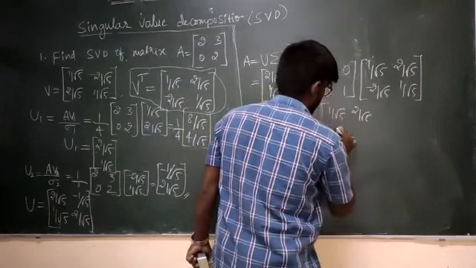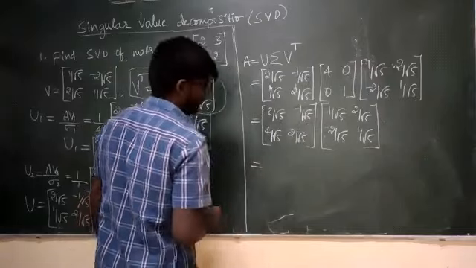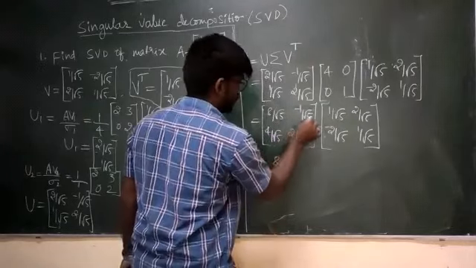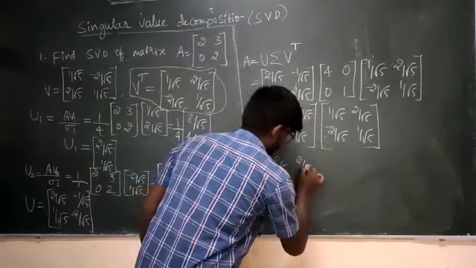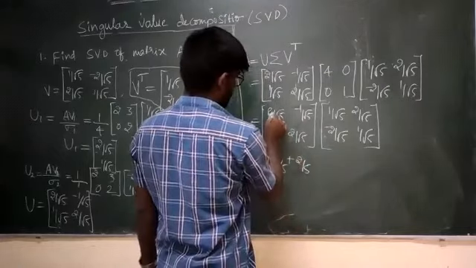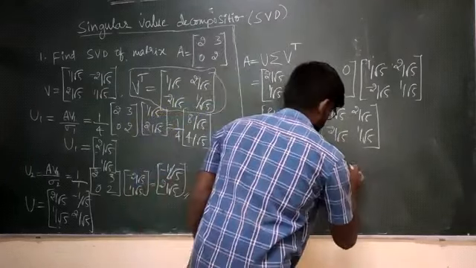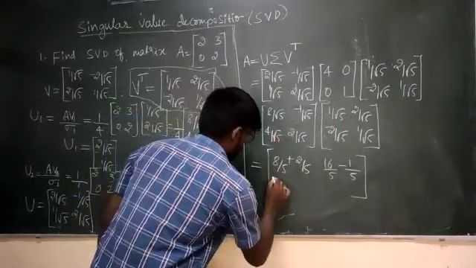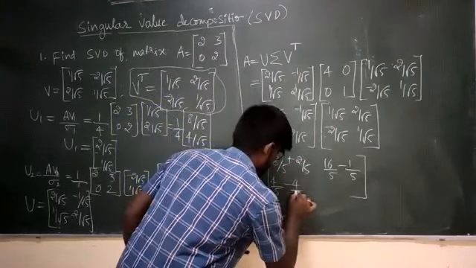Multiplying, 8 into 1 is 8 by 5, since root 5 into root 5 is 5. Then minus 1 into minus 2 is plus 2 by 5, and 8 into 2 is 16 by 5 plus minus 1 into 1, minus 1 by 5. 4 into 1 is 4 by 5, and 2 into minus 2 is minus 4 by 5.